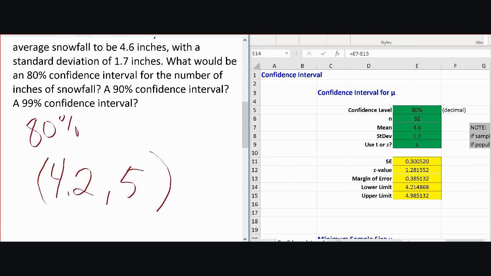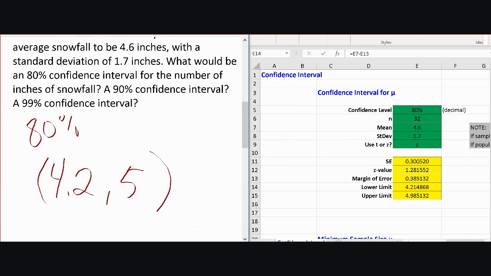So we are 80% sure that the population average snowfall for the entire population, say for the whole district, whatever the whole population is, we could say with 80% confidence, is somewhere between 4.2 inches and 5 inches. That's what we're saying here. We're 80% sure of that.